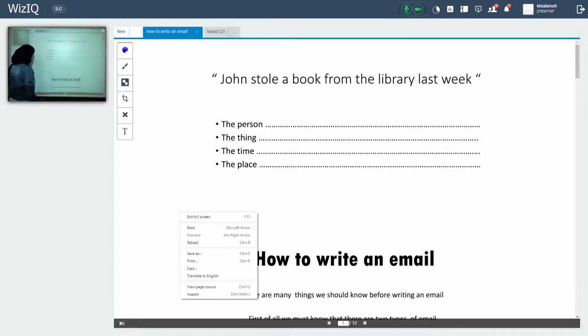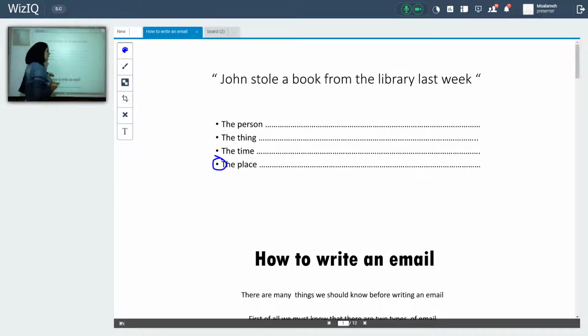And back. You asked me about this part, the place. I told you, when we want to emphasize a place or time and it is preceded by a preposition, we should delete this preposition.